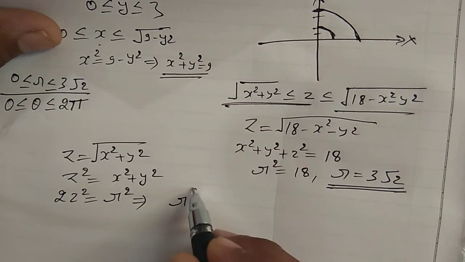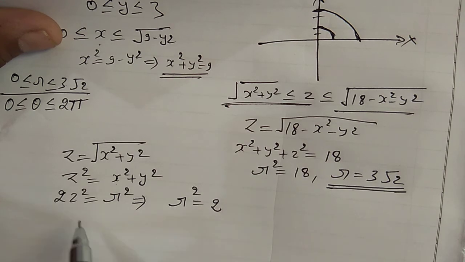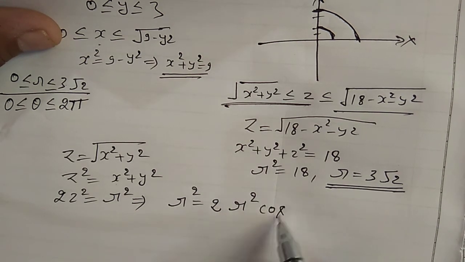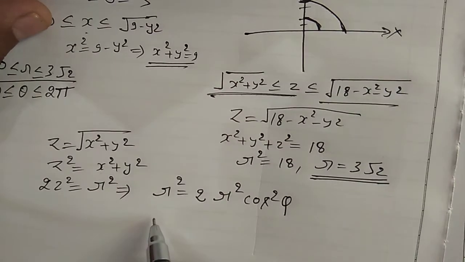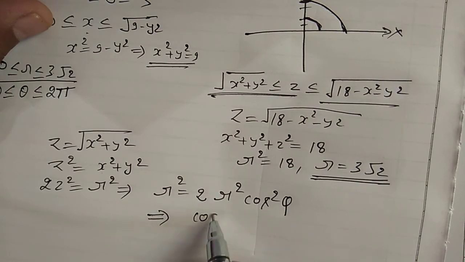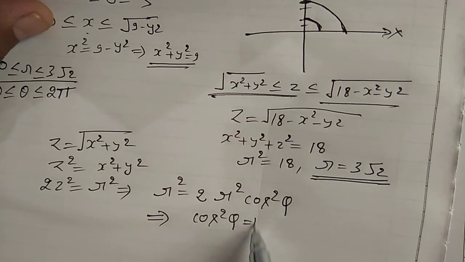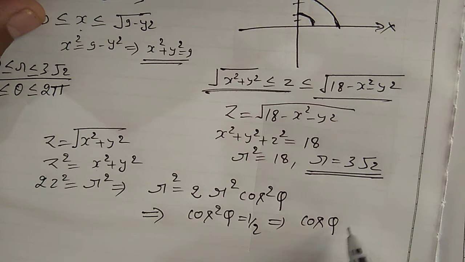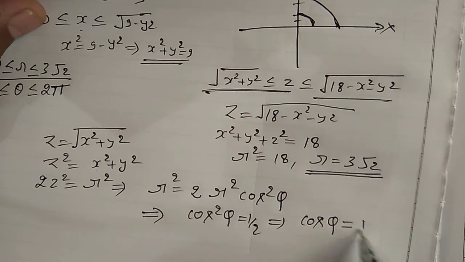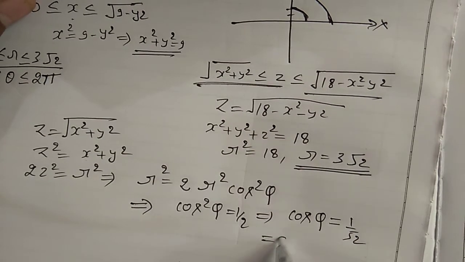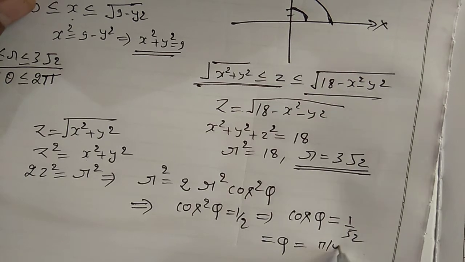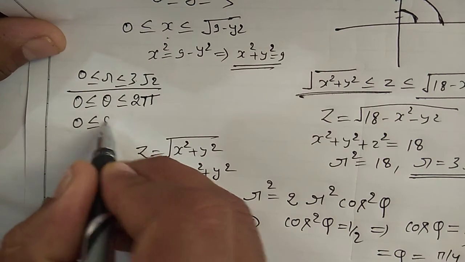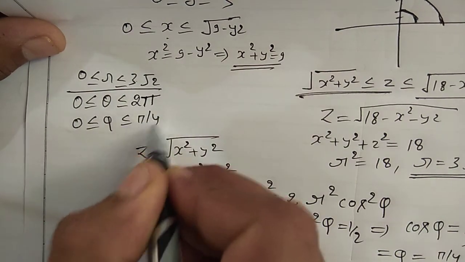So we have r square equal to 2 r square cos square phi, which implies cos square phi equal to 1 by 2, which implies cos phi equal to 1 upon root 2. So phi equal to pi by 4. So your phi range is 0 to pi by 4.